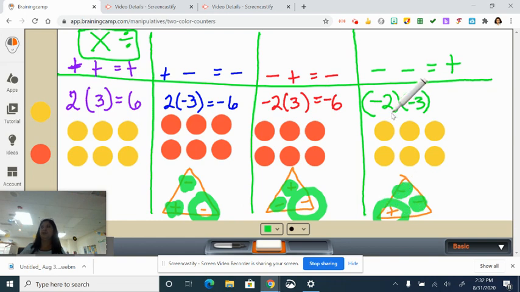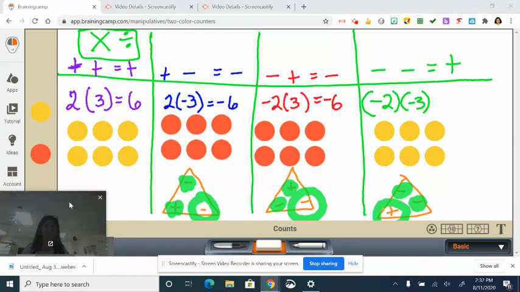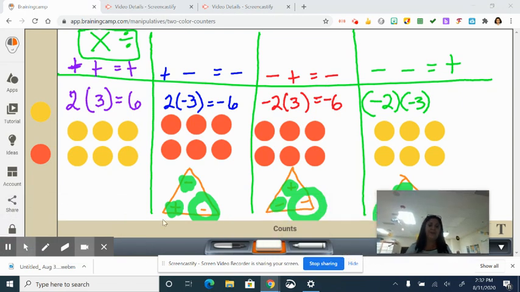So two negatives equal a positive. It's the only time where two wrongs make a right. Only in mathematics, nowhere else. So now let's try to put all of this together to do some examples.